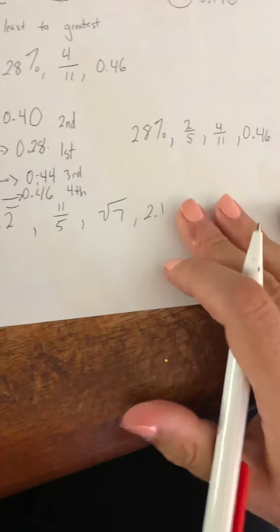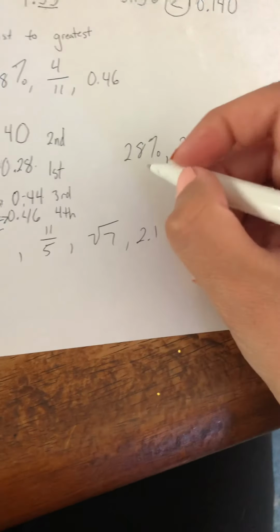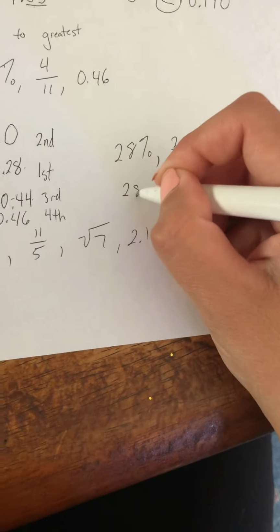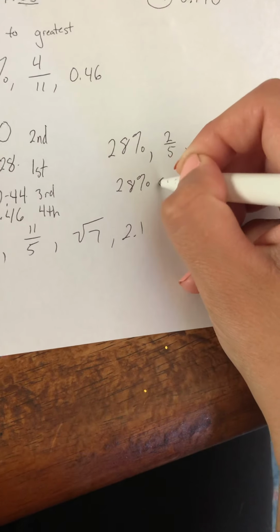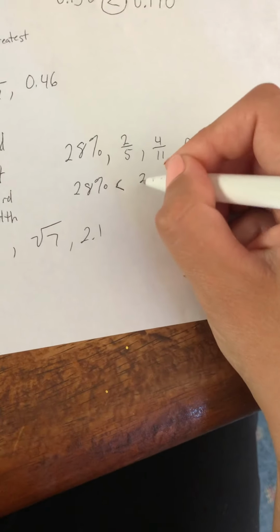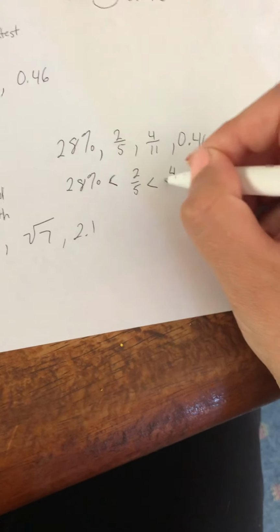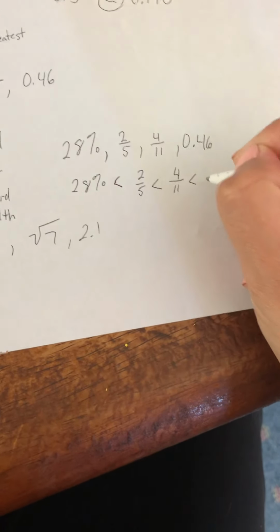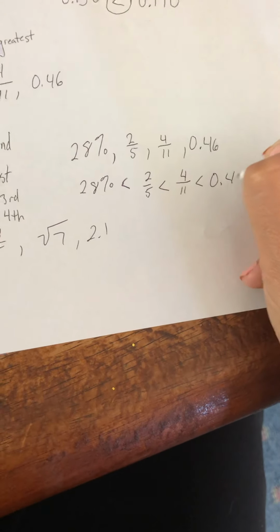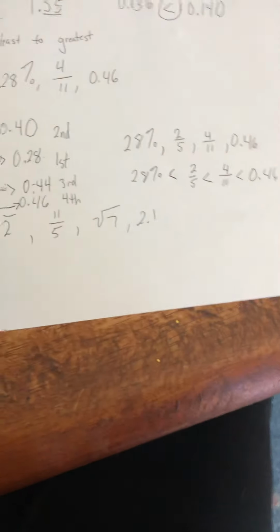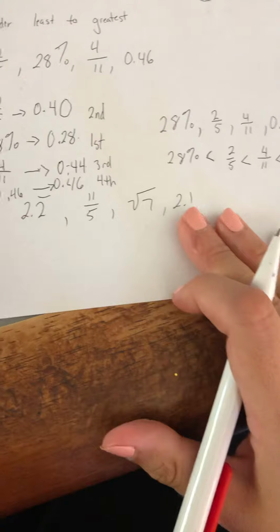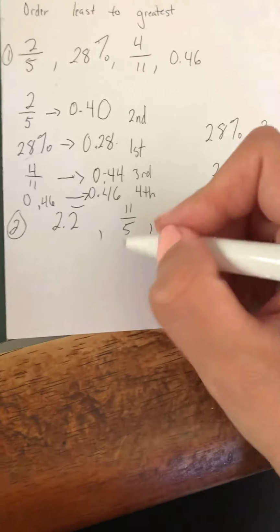Okay. Sometimes if it's least to greatest, it could be written as 28% is less than 2/5 is less than 4/11, which is also less than 0.46. Okay? Same thing here.